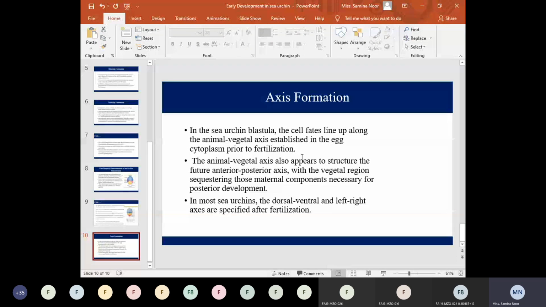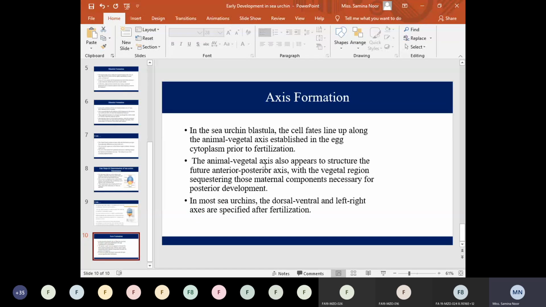So the anterior-posterior axis is actually established before fertilization in the case of the sea urchin. The animal-vegetal axis also appears to give the structures which in future are known as the anterior-posterior axis. So this anterior-posterior axis is actually the animal-vegetal axis, okay, the animal-vegetal poles. As in the case of the sea urchin, the animal-vegetal poles are established before fertilization.